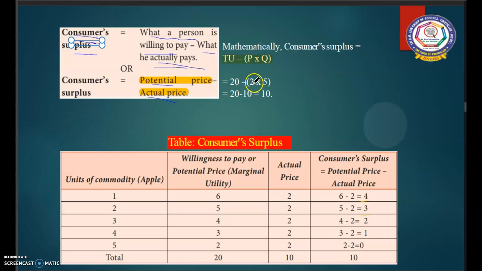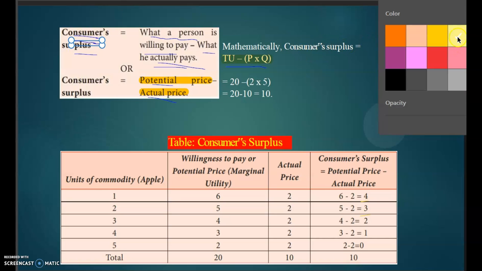Hence the consumer surplus is rupees 4 minus rupees 2 equals 2. Thus consumer surplus is the difference between the price that a consumer is willing to pay and what he actually pays. Mathematically this can be represented as TU minus P into Q.